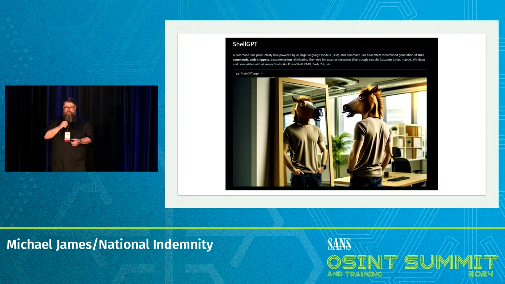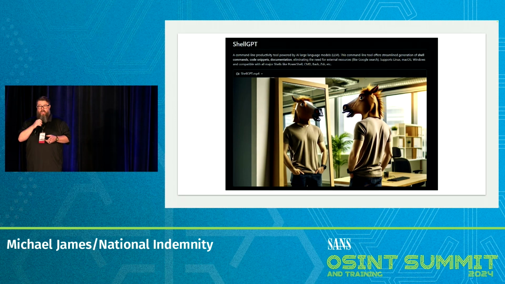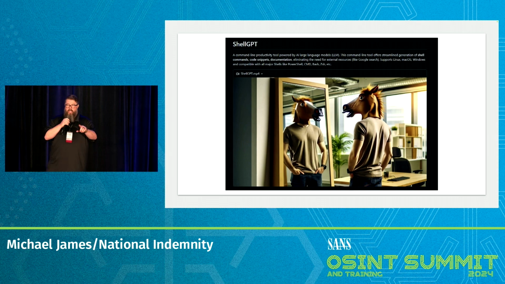This is kind of a fun one. If you are using Mac as command line or you're using Linux as command line, Shell GPT, well, it does cost money because you have to put the API key in there, the OpenAI API key, sorry. But it will actually write out bash commands for what you want to do.